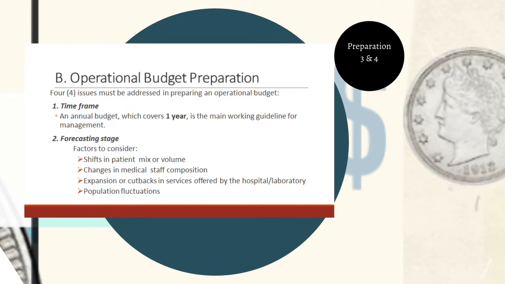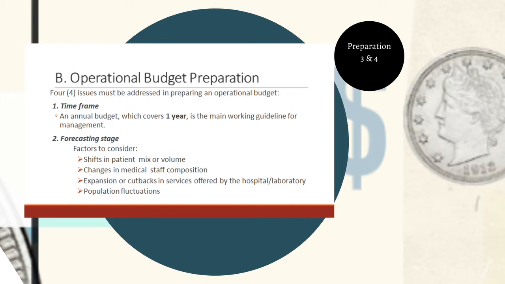While in the forecasting stage, management must consider the following factors. Shifts in patient mix or volume. This refers to the demographics and the volume population of your patients. Changes in medical staff composition, expansion or cutbacks in services offered by the hospital or the laboratory, and population fluctuations.